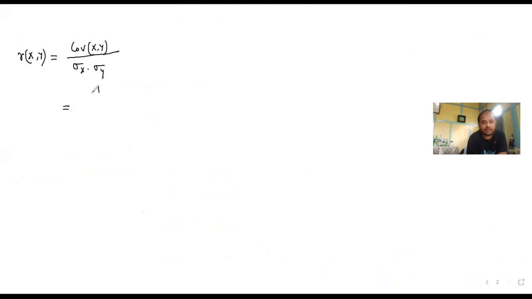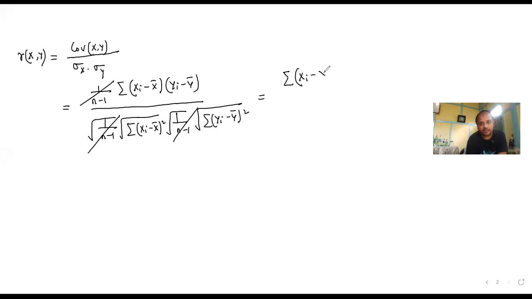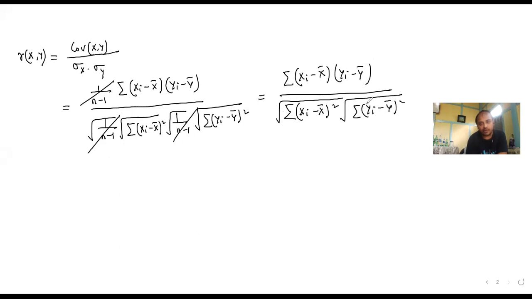If I write 1 by n minus 1 summation (xi minus x bar)(yi minus y bar), divided by root over 1 by n minus 1 summation (xi minus x bar) whole squared, into root over 1 by n minus 1 summation (yi minus y bar) whole squared, then the factors cancel each other, and what remains is summation (xi minus x bar)(yi minus y bar) divided by the square root of summation (xi minus x bar) squared times the square root of summation (yi minus y bar) squared.